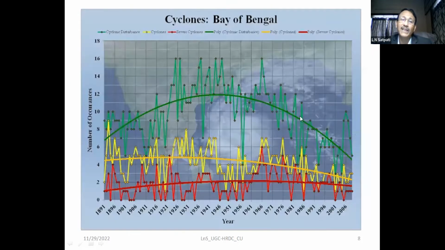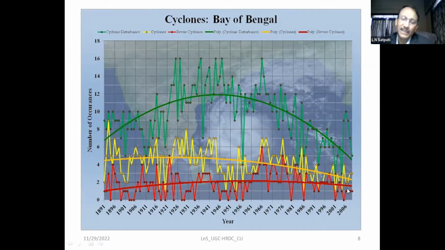But most importantly, the number of cyclonic disturbances is coming down during the last decades, and also the cyclonic events are coming down, but the severe cyclonic events are gradually going up.